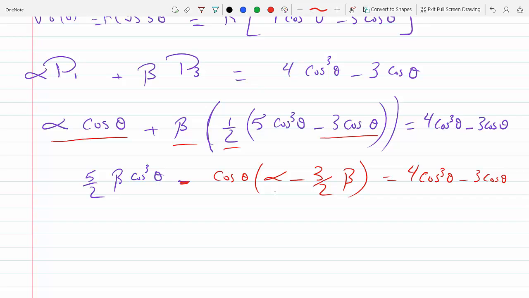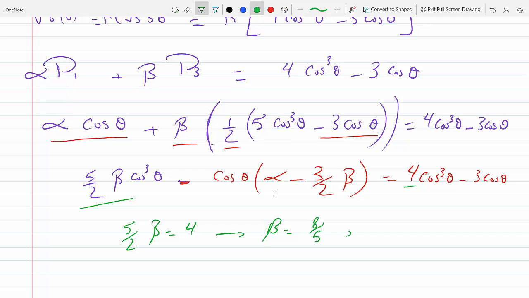The coefficient multiplying the cosine cube has to be the same on both sides. So 5 halves beta has to equal 4, which means beta equals 8 fifths.